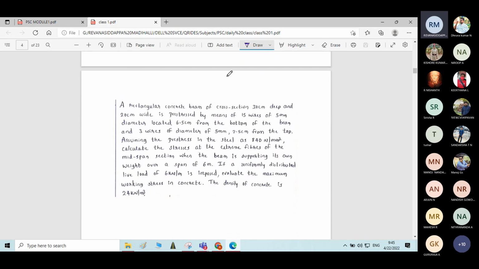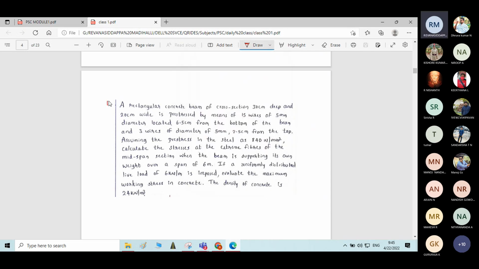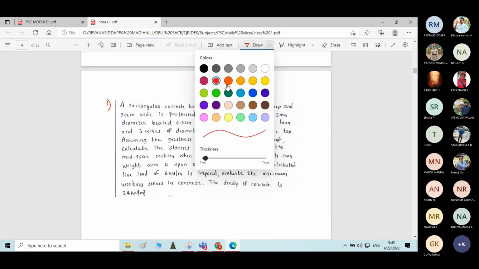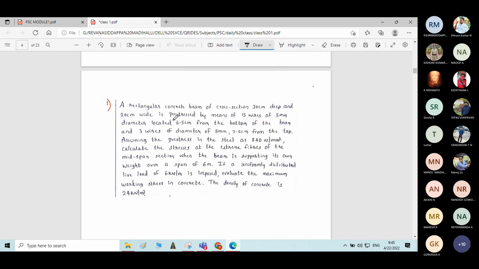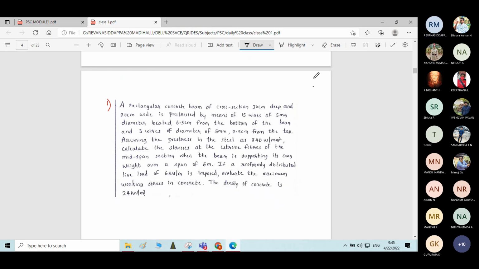Okay, let us solve the first problem. All of you please write this problem. Is it visible, students? Are you able to read the problem? Yes, sir.